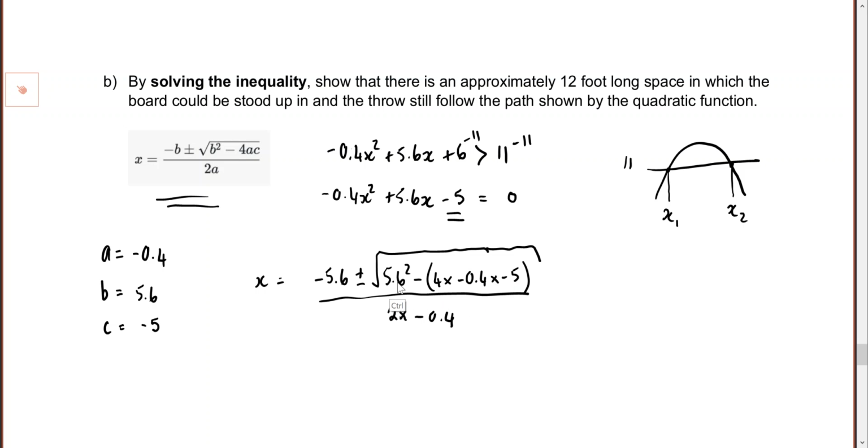So if this is bigger than this, then we've got a problem, but we don't know yet. Your number sense comes into play. 5.6 squared is definitely going to be bigger than 4 times 5 anyway, and then I've got to multiply by 0.4, which makes it even smaller. So there won't be any issues. Over to you. Find my two solutions, however you like.